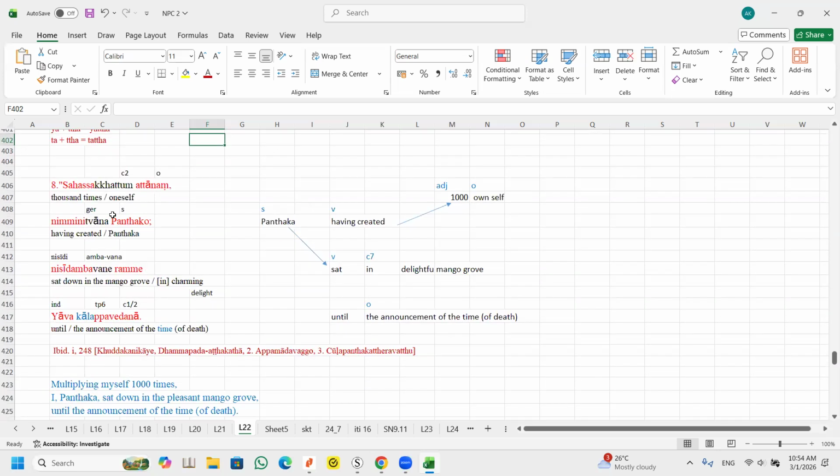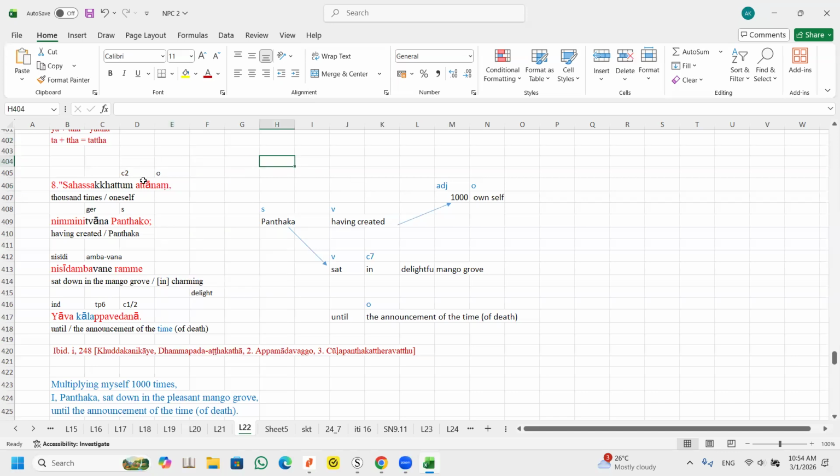Here in this case, you can see this is a tum. Normally tum indicates the number of times. So here sahasa is 1,000 times. So the tum here ends it. Here you see atanang.